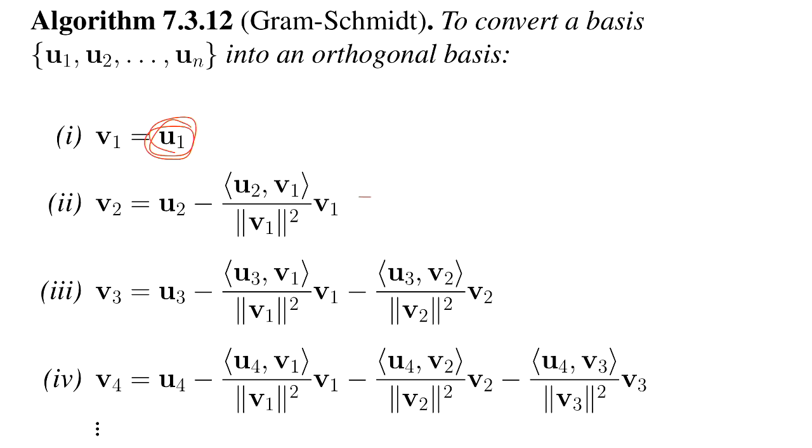And if you look at what this thing is here, this is precisely that. This is U2 minus the projection of U2 onto W1, where W1 is the span of V1.